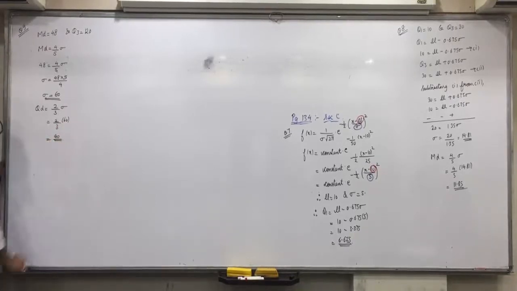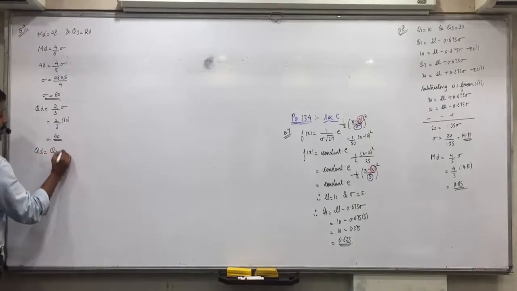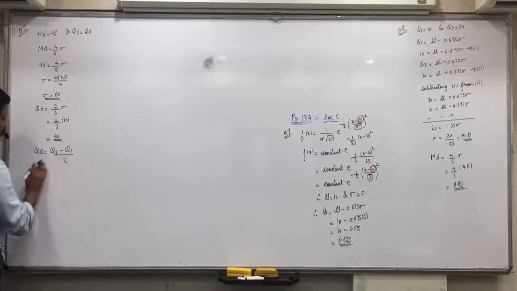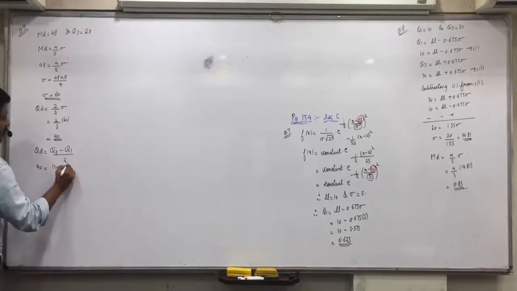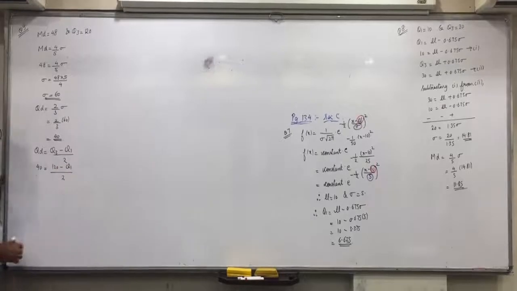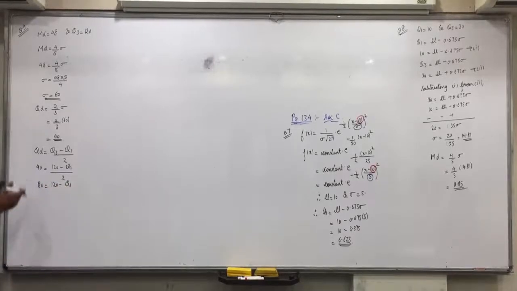Any doubts in this? Now QD is also Q3 minus Q1 upon 2. So can you get Q1 or not? Q1 is what is asked. QD is Q3 minus Q1 upon 2. 40 equals (Q3 120 minus Q1) upon 2. 40 into 2 is 80. 120 minus Q1.